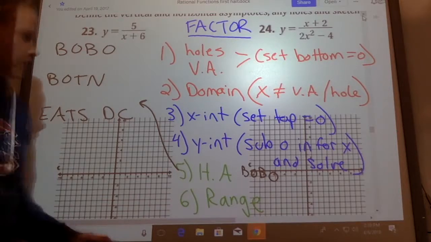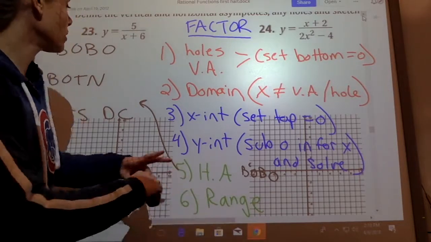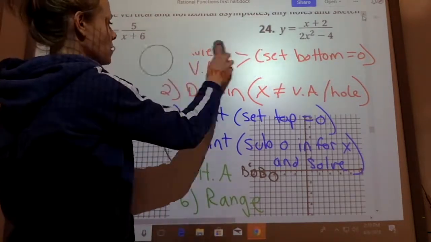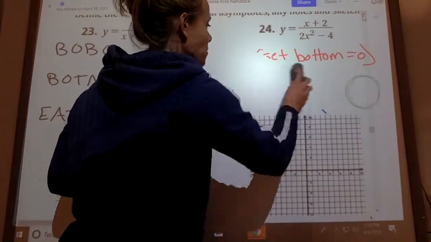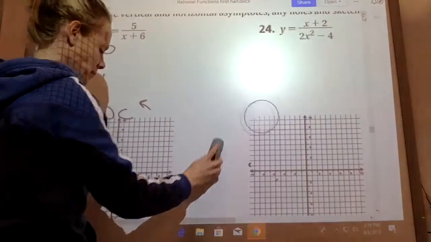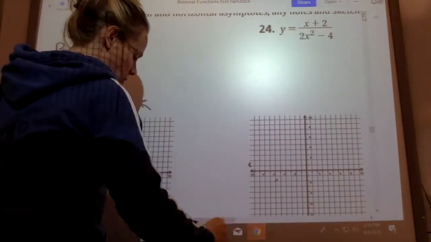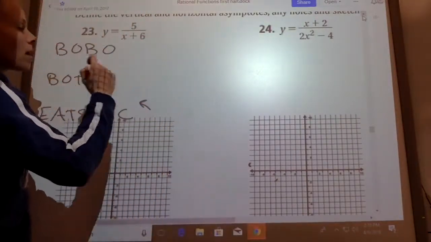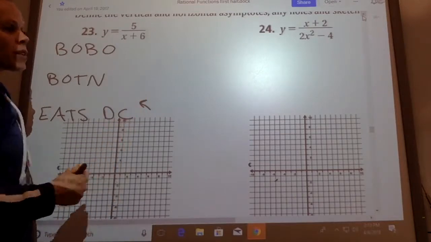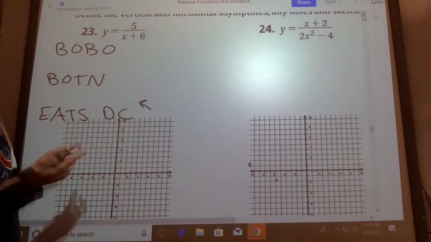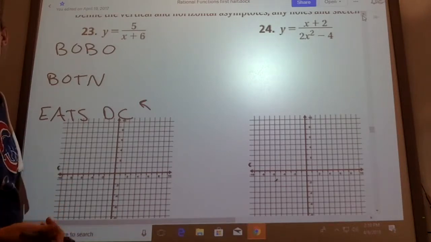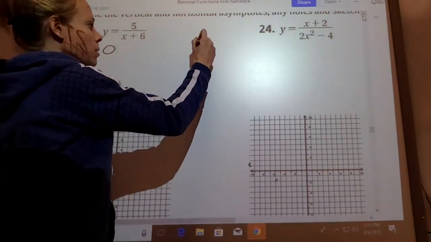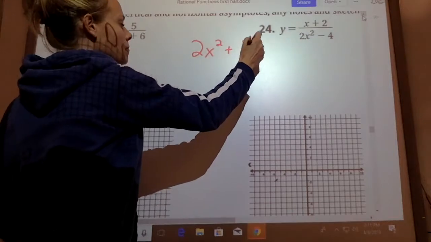So what does that mean? Let me erase some of this. Everyone has that written down, right? First thing we need to talk about with horizontal asymptotes is, do you remember what the degree of a polynomial is?